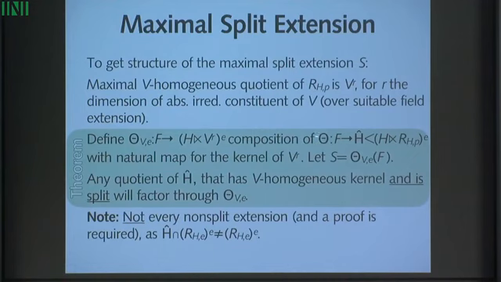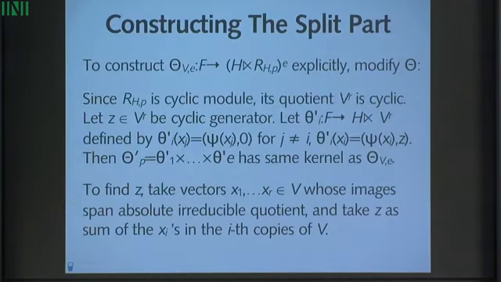Here I just say I have the composition with a natural map. What I'm going to do is I really just modify the theta I have before. The regular module is a cyclic module. I take the identity element, or the vector corresponding to the identity element, and its images. So the quotient V to the R is a cyclic module.